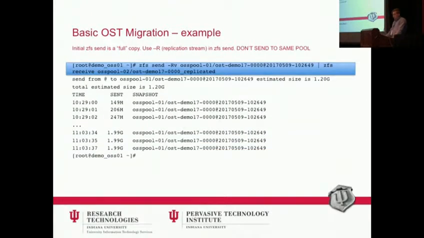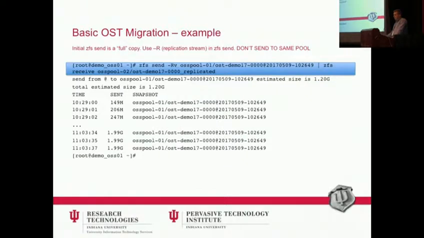And so then you do your full copy, or your full replication, and the command is highlighted there, and I'm not going to go through it too much. The capital R is for indicating a replication stream, and then you pipe that into a ZFS receive and point it at the target pool, or the receiving pool, and whatever OST name or VDEV name you want it to be.